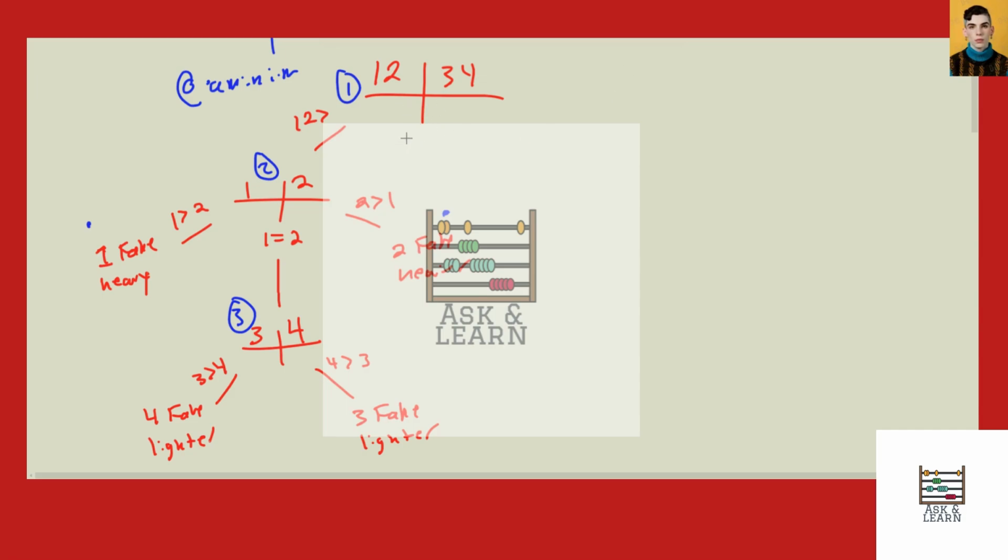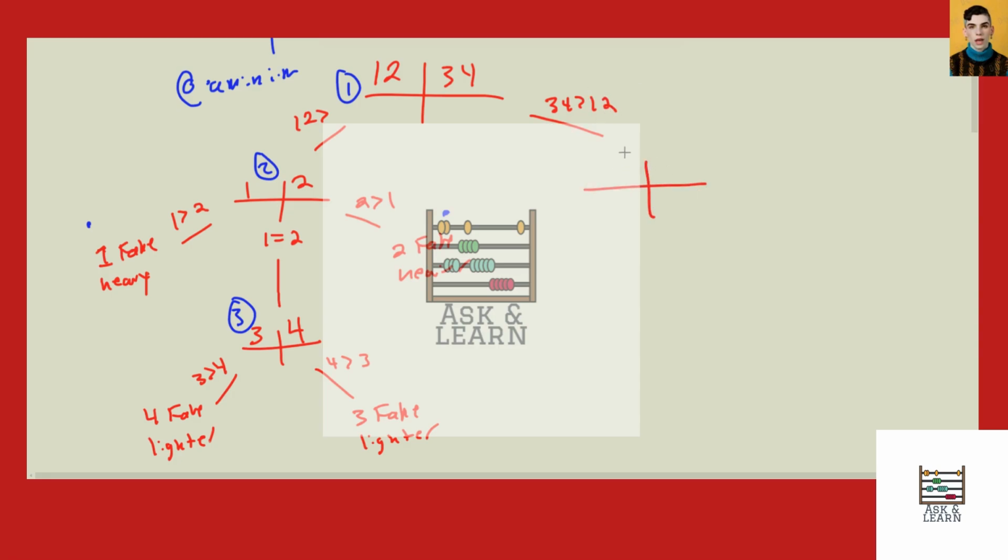So we could have the case, or we couldn't have the case, I should say, of where 1, 2 is equal to 3, 4. Because if 1, 2 is equal to 3, 4, then that means they're all the same, which would be a contradiction of one of these being a fake coin. So we don't need to worry about that case. And then over here, we would check where 3, 4 is greater than 1, 2.